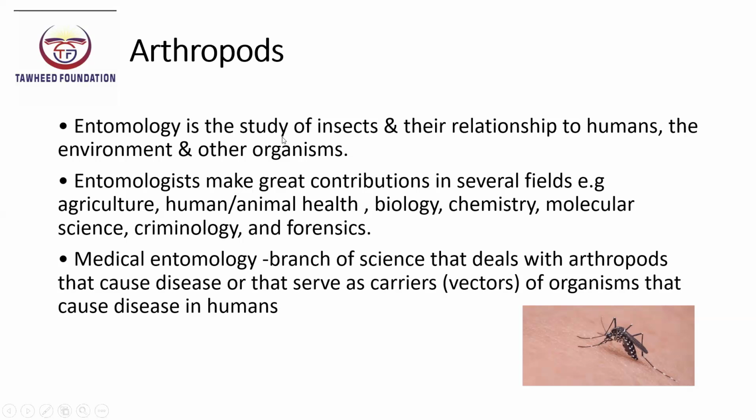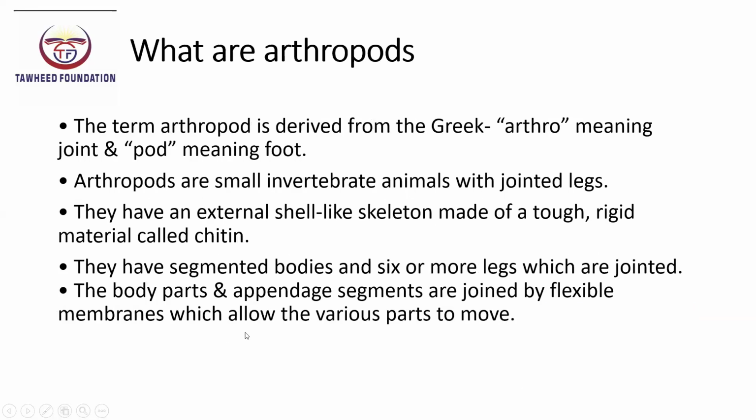So, entomology is the study of insects and their relationships to humans, the environment, and other organisms. Entomologists make great contributions in these fields of science. Medical entomology is the branch of science that deals with arthropods which cause disease, or that serve as carriers, which is nothing but vectors of organisms that cause disease in humans.